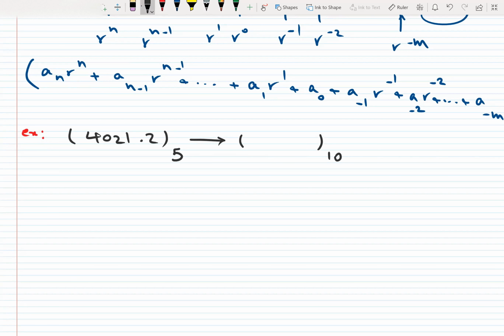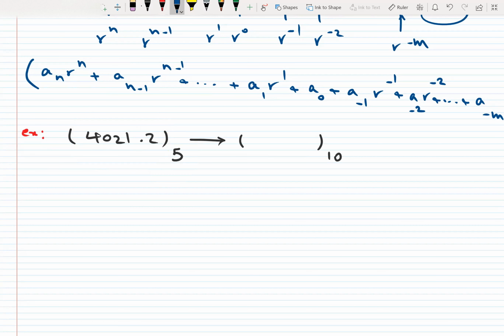The thing that we should notice here is that none of these coefficients are equal to or greater than 5 because the number is in base 5, so all the coefficients should be less than 5.